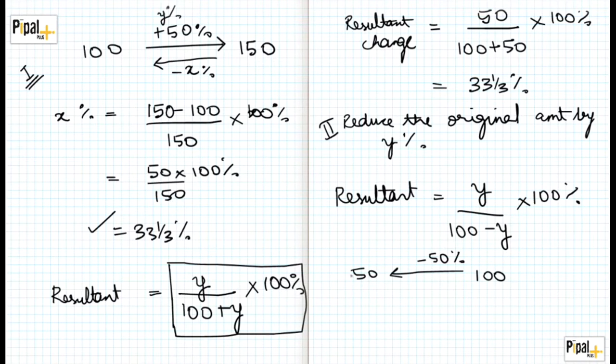Now by how much should I increase this to arrive back at 100? My answer is going to be 50 divided by 100 minus 50 into 100%, right, which is equal to 100%. That means I must increase 50 by 100% to come back to the original number 100.